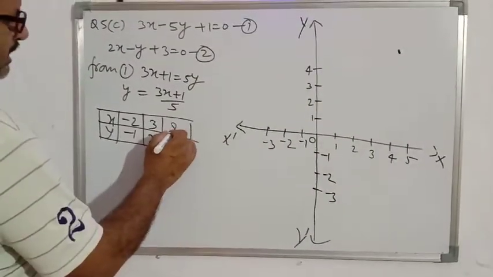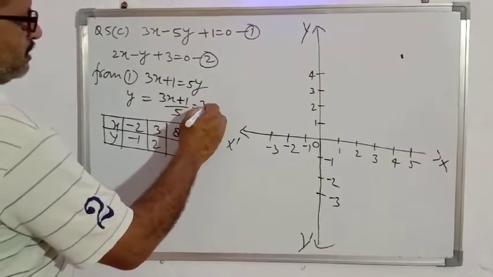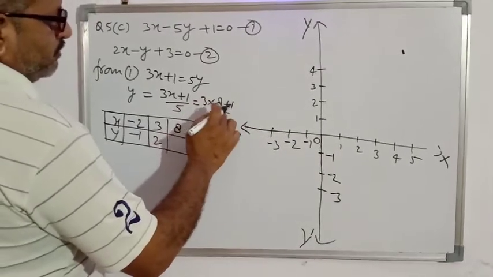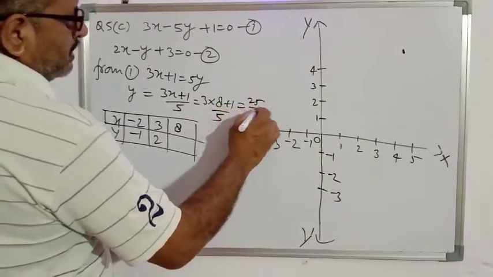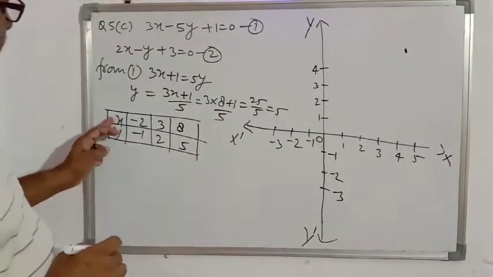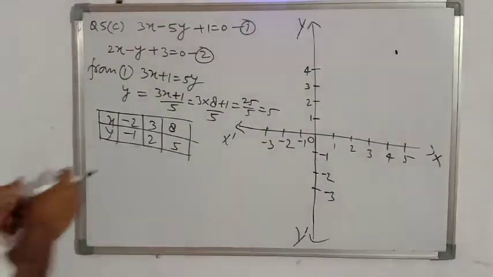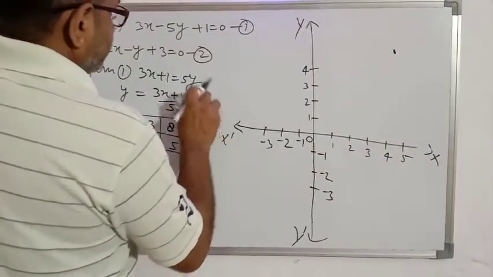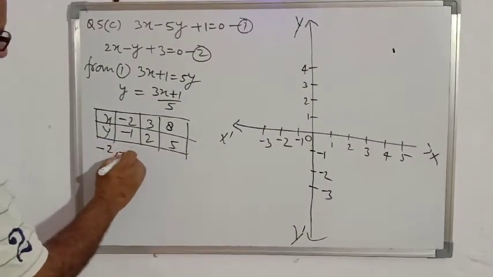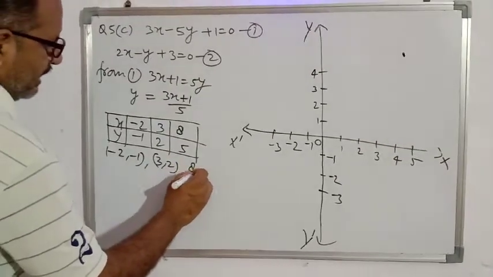Take x is equal to 8. 3 into 8, 24, plus 1, 25 by 5, which is 5. So if x is equal to 8, y is equal to 5. So we have 3 points: minus 2, minus 1; 3, 2; and 8, 5.